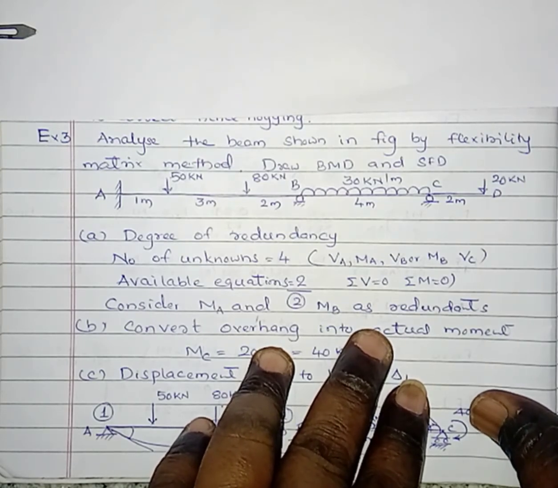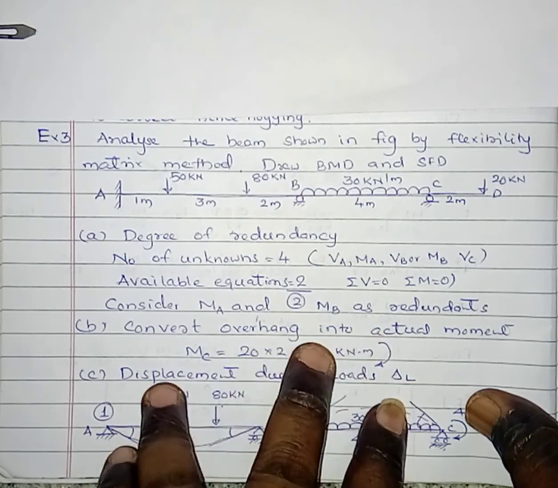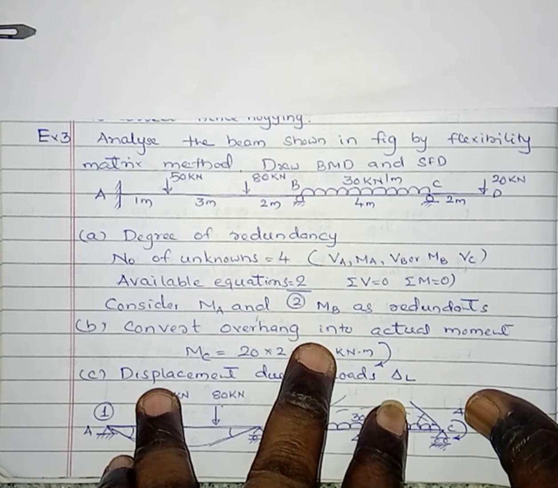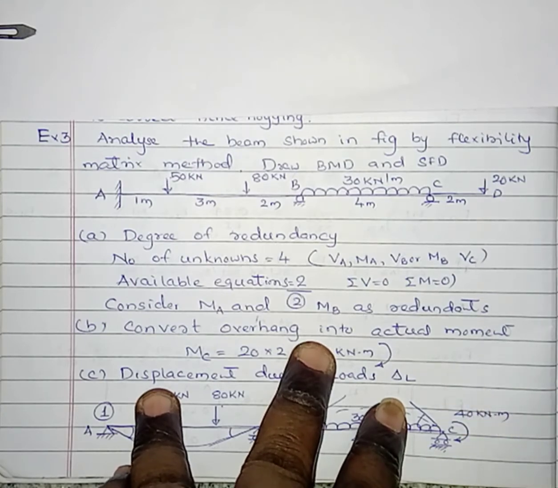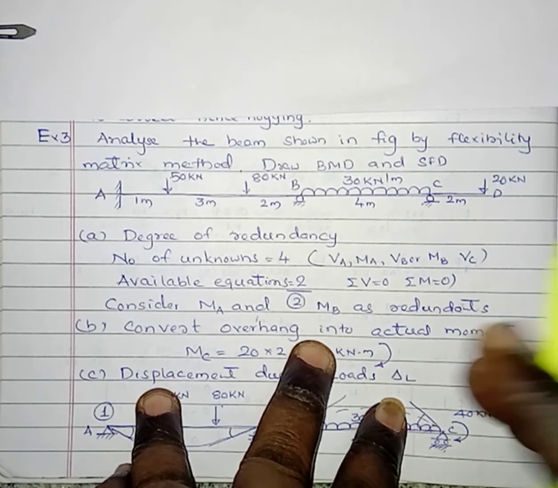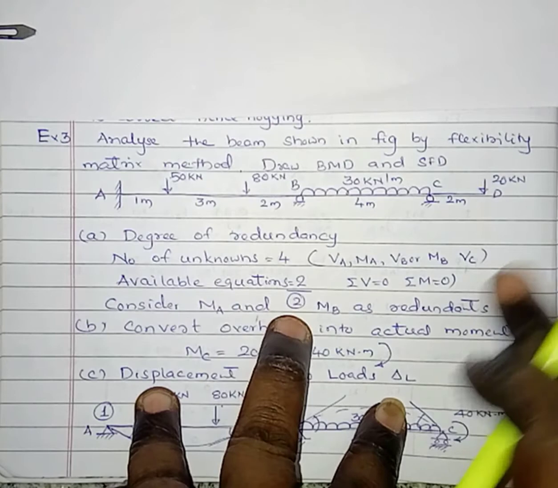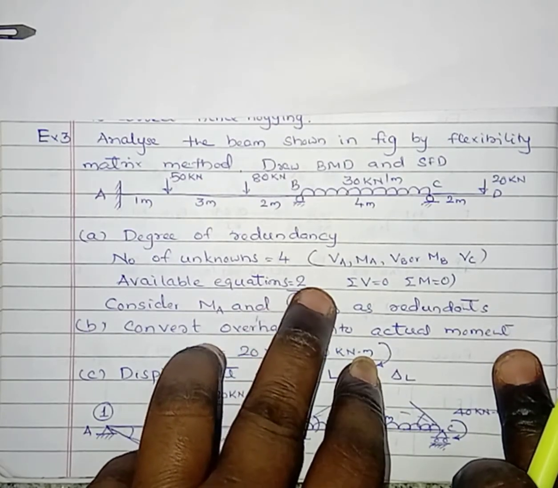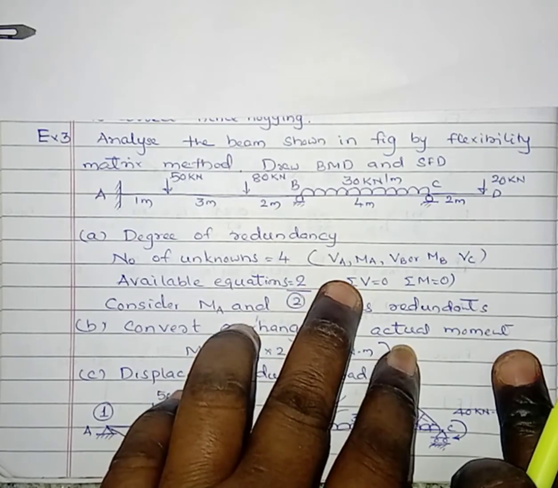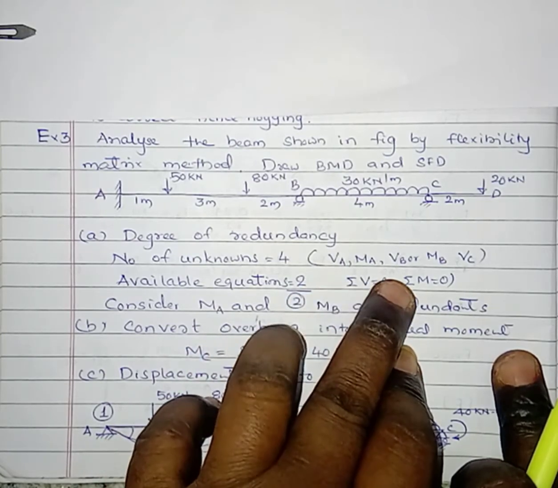The first step is to calculate the degree of redundancy. Here at the fixed end usually there are three reaction components. One is horizontal, one is vertical, and in addition to that there is a resisting moment MA, but no horizontal forces or inclined forces are acting, hence there are only two unknowns we have to consider, that is VA and MA.